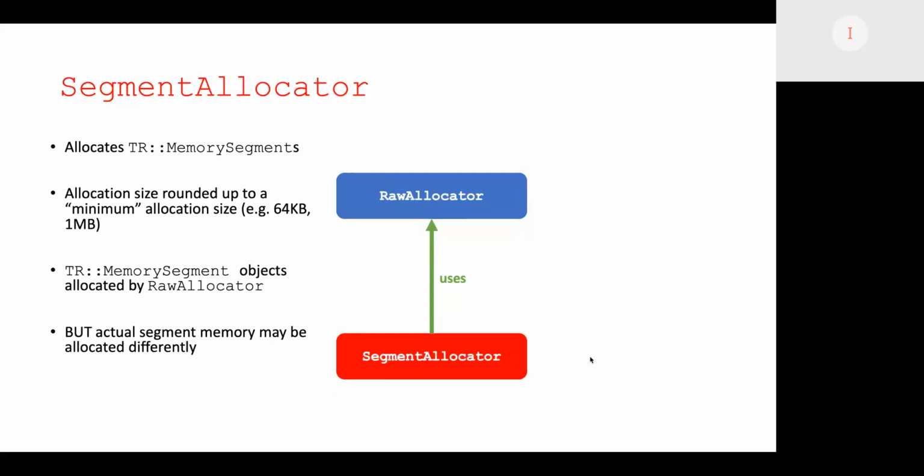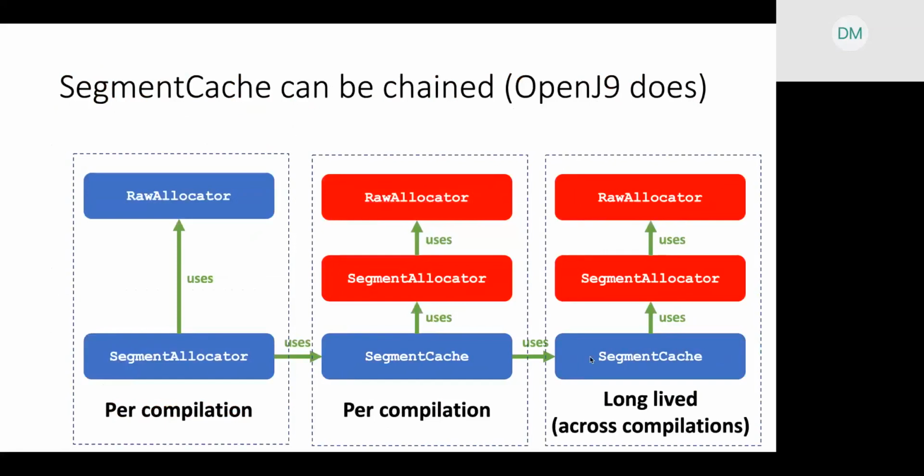In this case, if the second cache defers to the long-lived cache, what logic is there so that the long-lived cache doesn't hold on to all that memory, because there could be a potential footprint increase? Right. I understand the question. The way to think about this is that the long-lived segment cache is only going to hold that one segment. Its purpose is to hold on to that one segment.